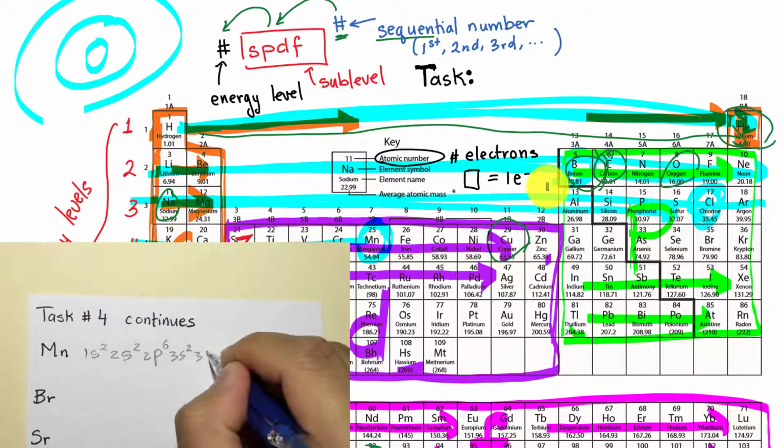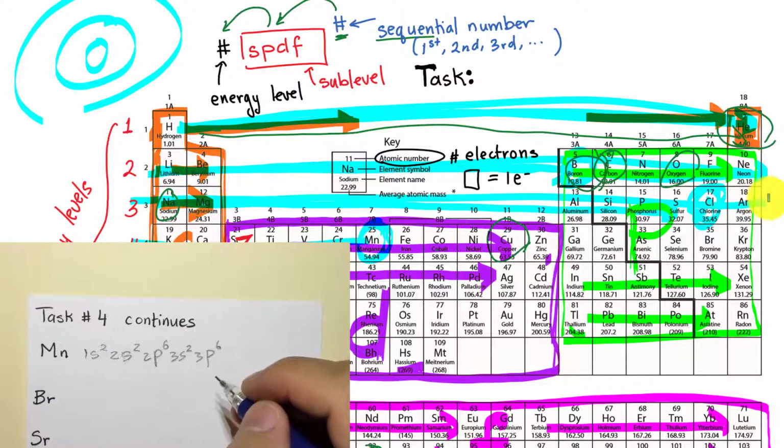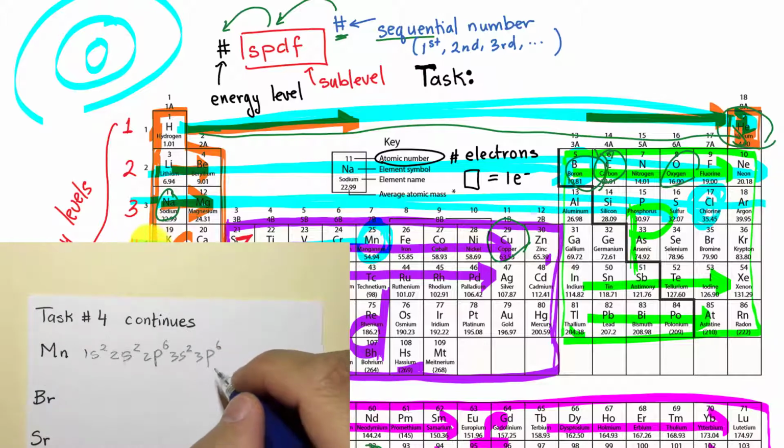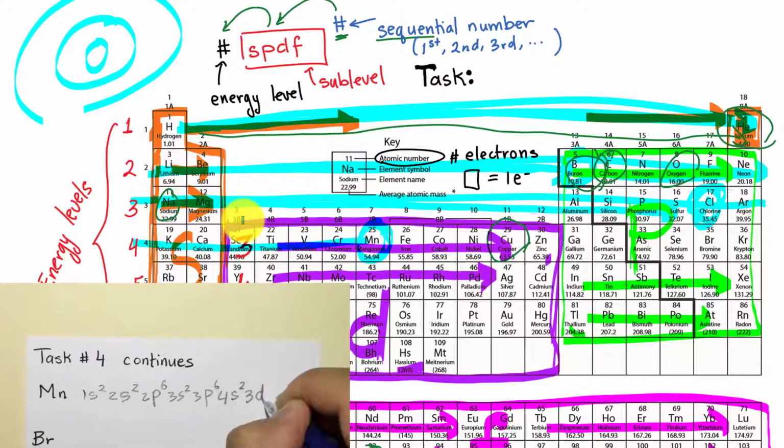Then we have 3p6. Then we go to the next energy level. Here we have 4s, so it has 2 electrons. We're not done yet. Manganese is right here. Now we read across. Ooh, it's not 4 for the d sublevel, it's actually 3. So we have 3d5, the first, second, third, fourth, and fifth. So that is the 5th electron in the d sublevel that belongs to the third energy level.